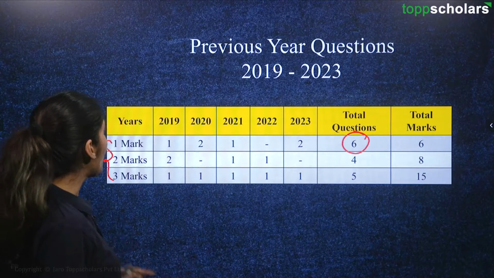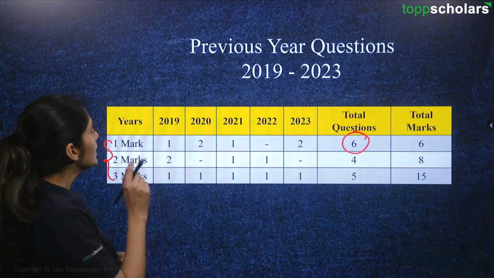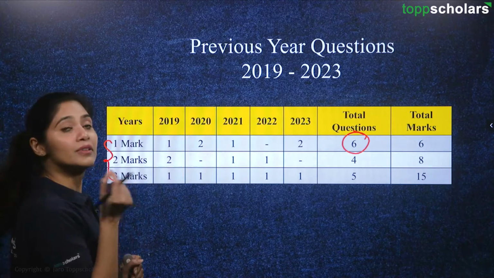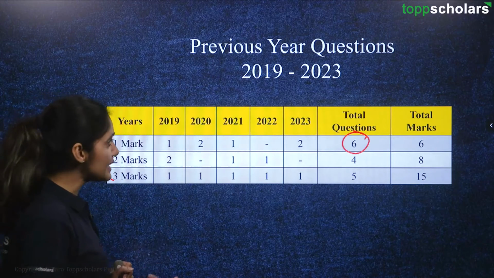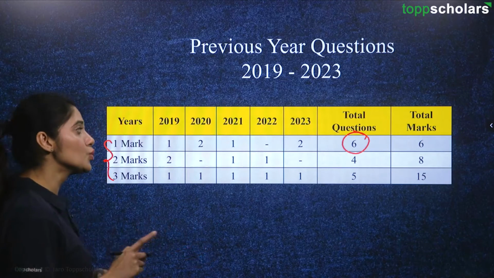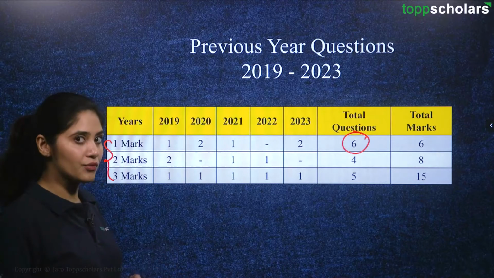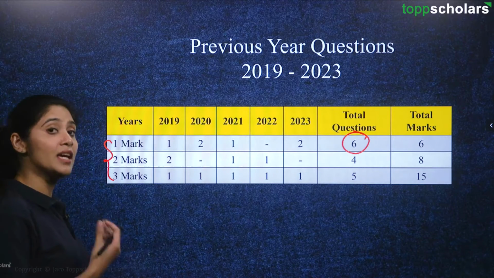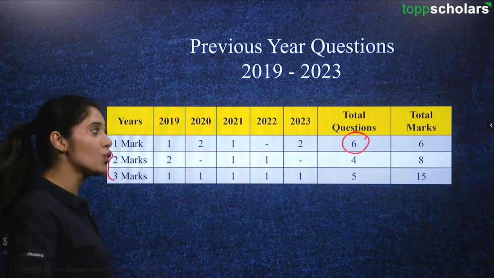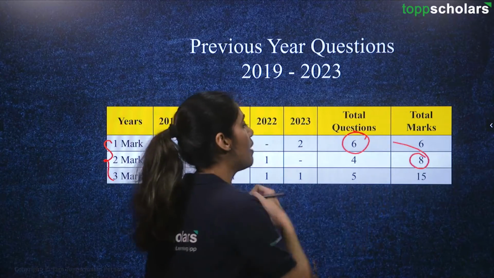Now for the 2 marks questions, we had two questions in 2019, one in 2021, and one in 2022. So in total we have extracted 4 questions from previous years, and we will be discussing those. Those questions and answers will get you 8 marks.